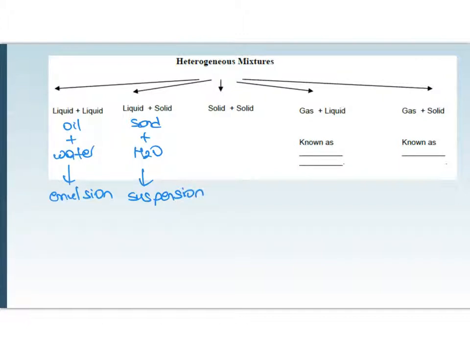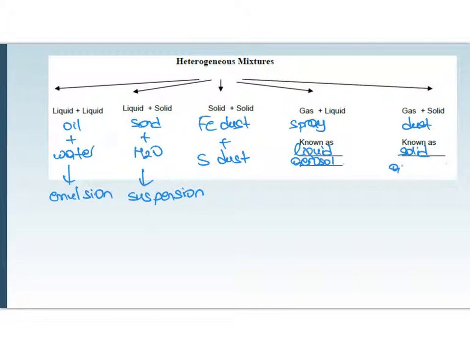Solid. Any kind of mixture can be solid. For example, iron dust plus sulfur dust. Gas liquid, like the sprays we have already told, known as liquid aerosol. And gas solid, you have dust, known as solid aerosol.